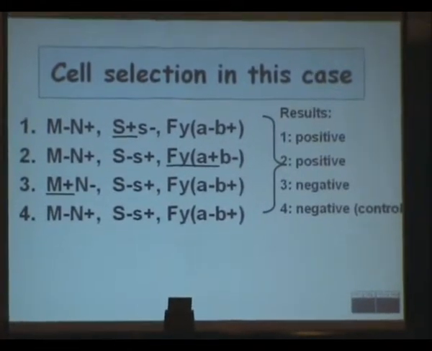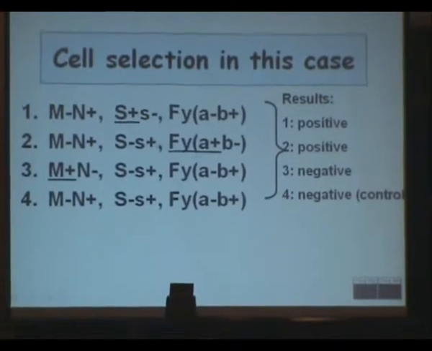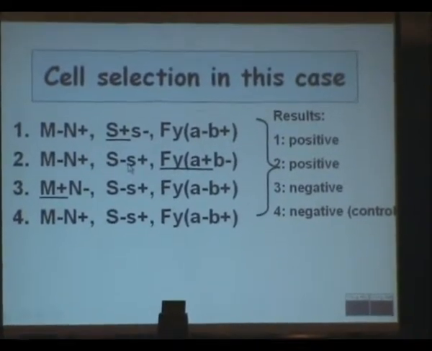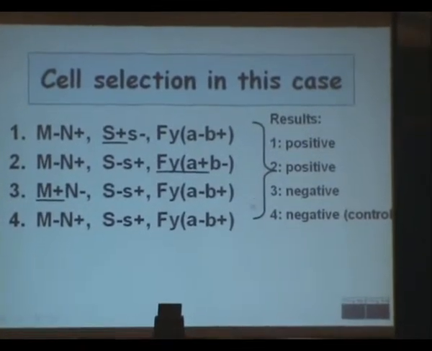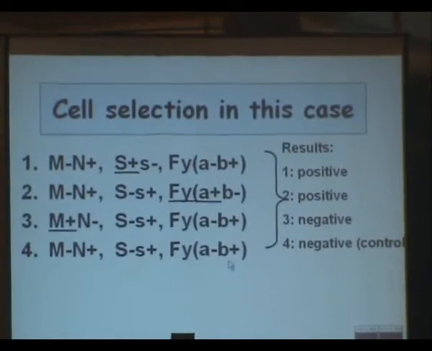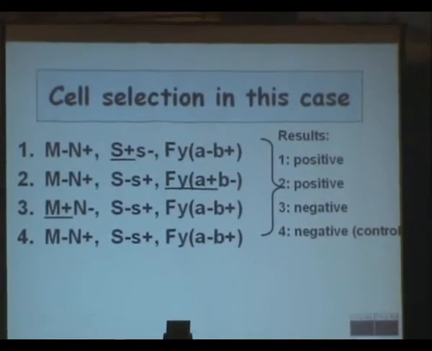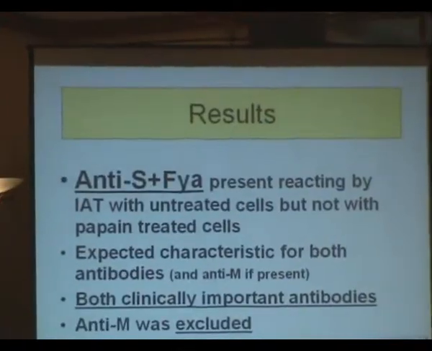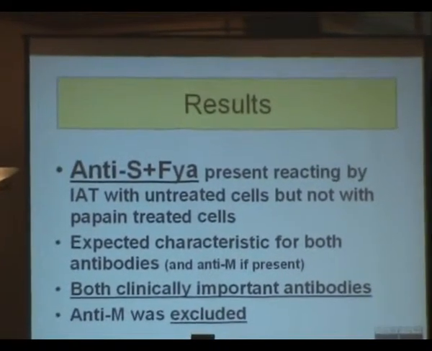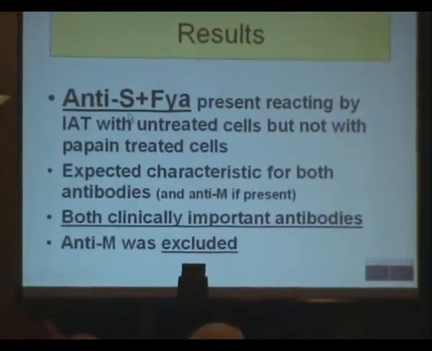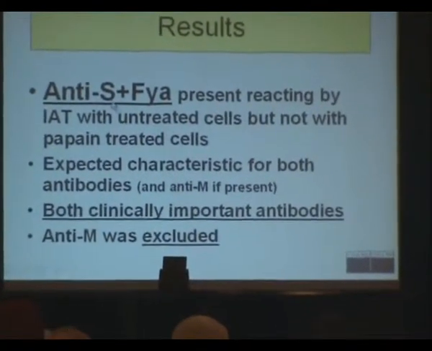In this particular case, the results were positive with cell 1, positive with cell 2, negative with cell 3, and of course negative with cell 4. So this means that the antibody is actually not anti-M, although it looked like a very simple anti-M specificity originally. It's more likely to be anti-S plus anti-Fya.